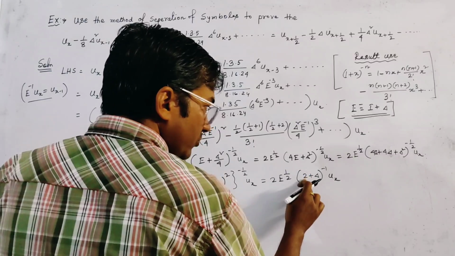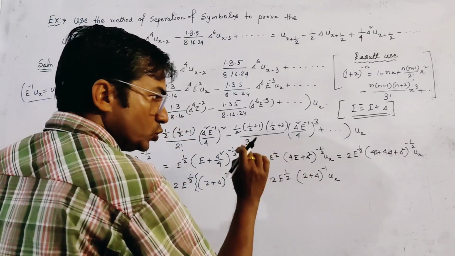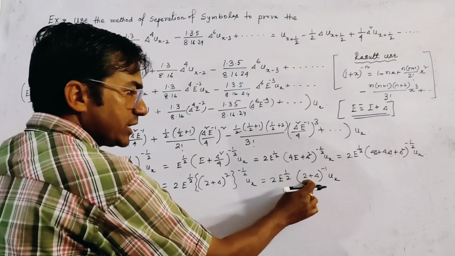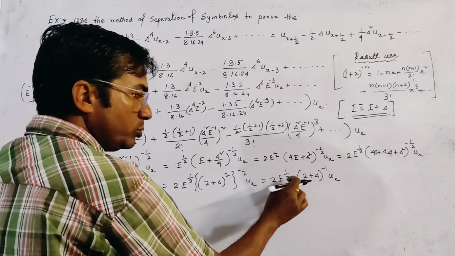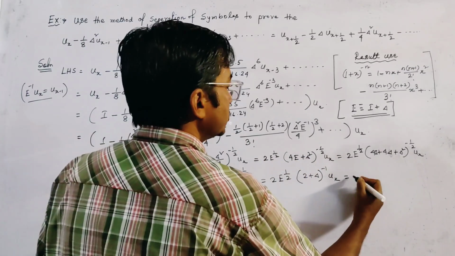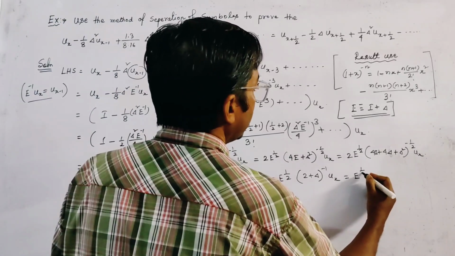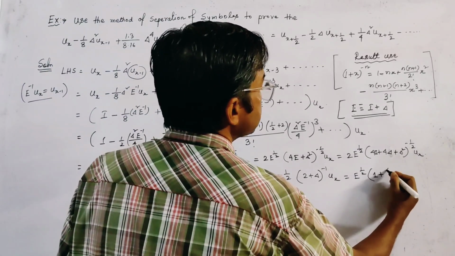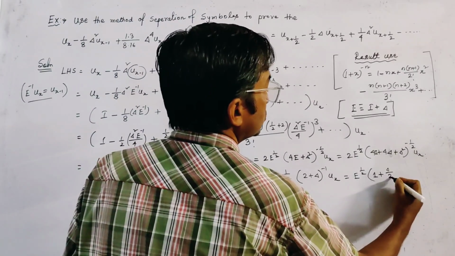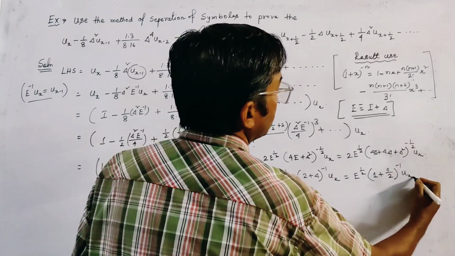Now we take 2 common and write outside 1 by 2, so 2 and 1/2 cancel out, giving E to the power 1/2 into (1 plus delta/2) whole to the power minus 1 into u_x.